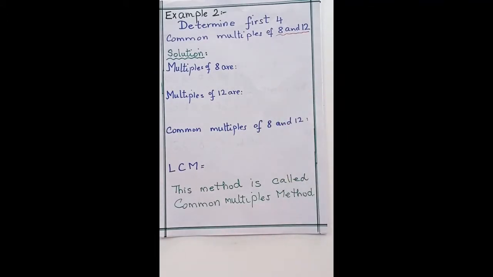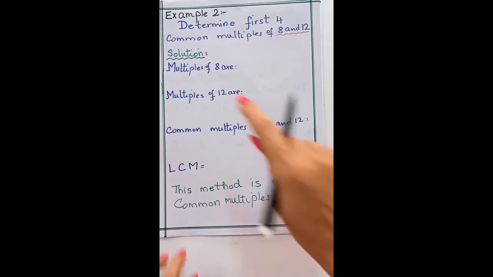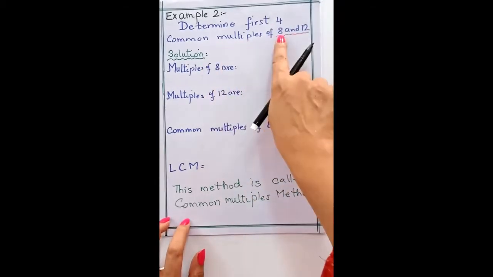Now students, let's do one more example. Here we will find first 4 common multiples of 8 and 12.